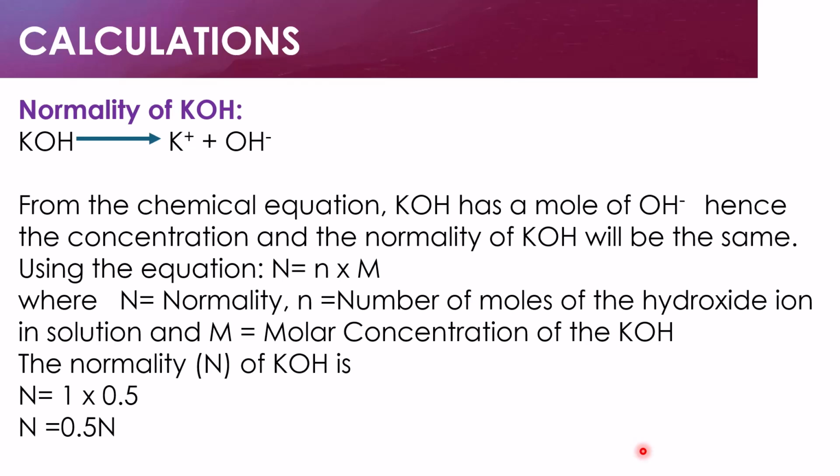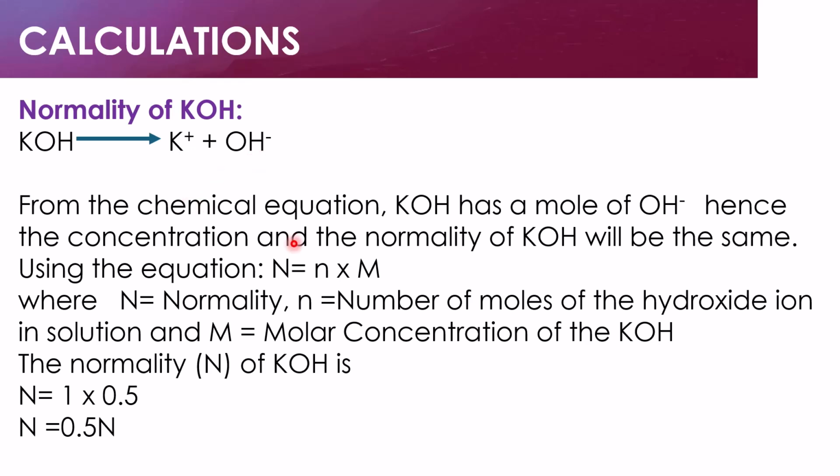So let us now look at calculations, how to calculate the acid value of each of the lipids. First of all, I would like you to note how to determine the normality of potassium hydroxide using this chemical equation. What we can see from the chemical equation is that potassium hydroxide has one mole of hydroxide ions.